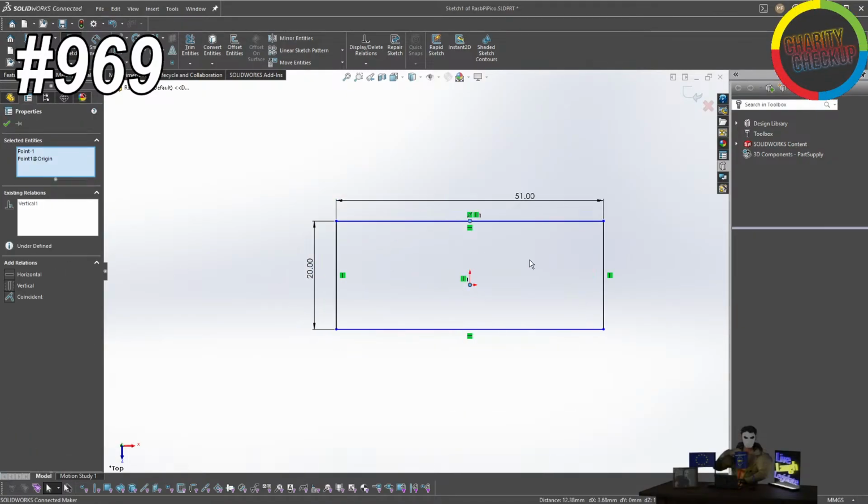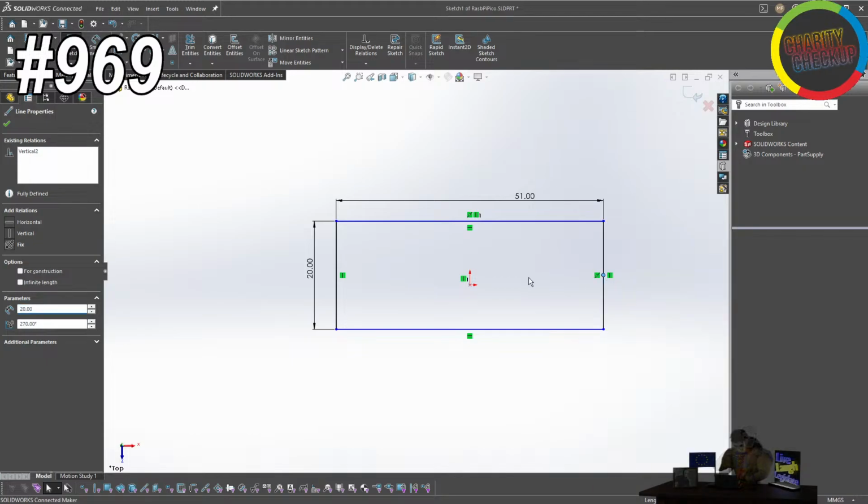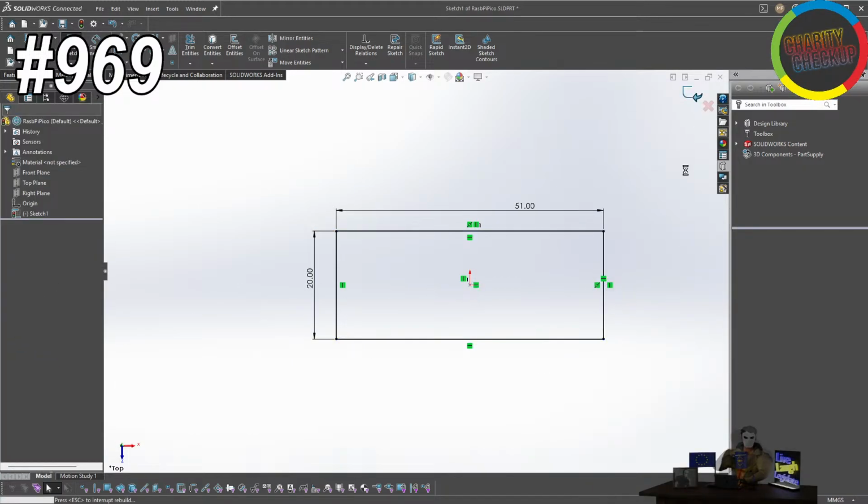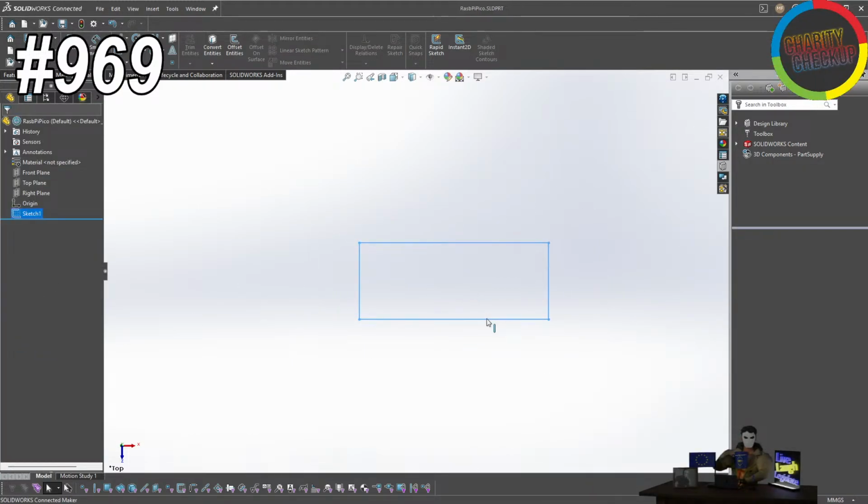This and this, vertical, this horizontal. And that will be our base. I'm guessing thickness will be around a millimeter. Or it could be, yeah, a millimeter.